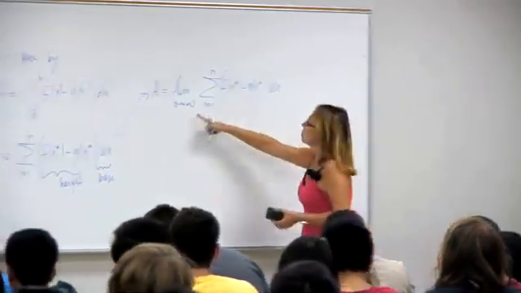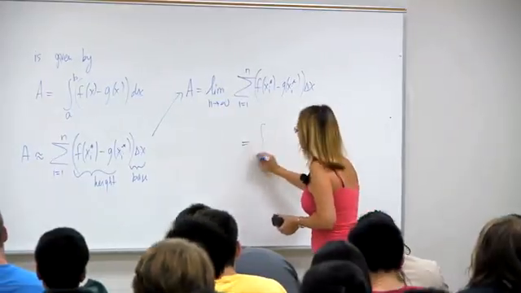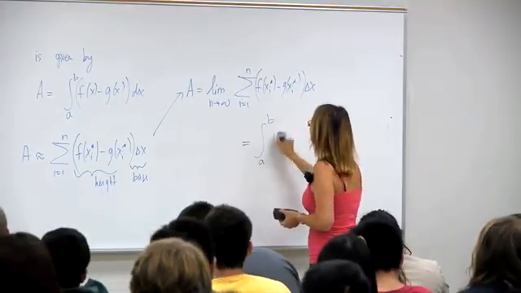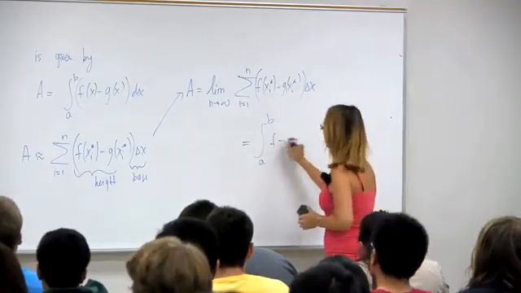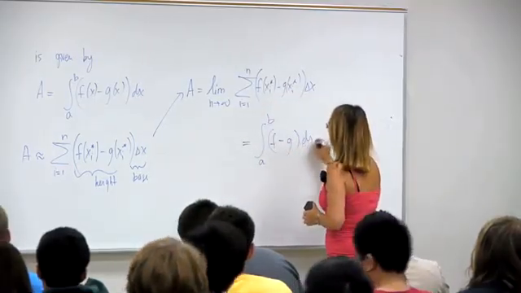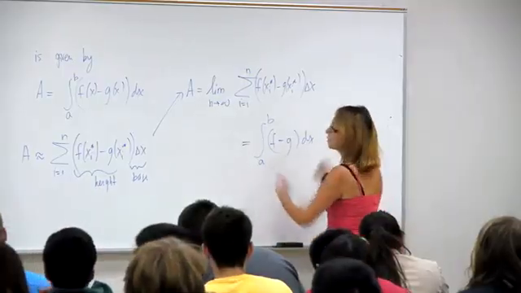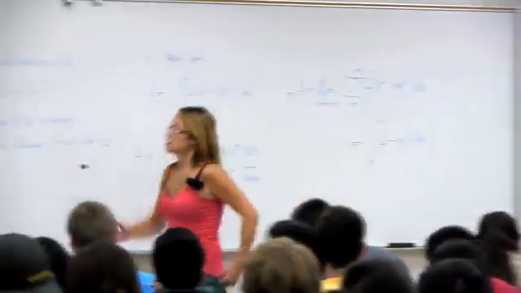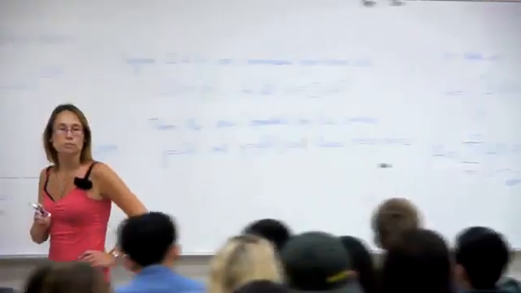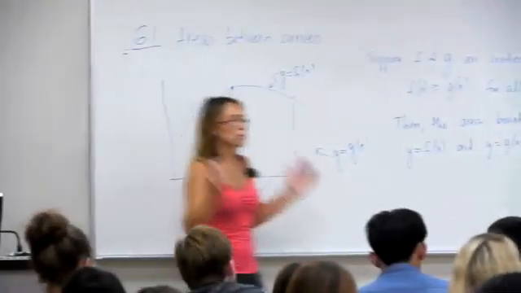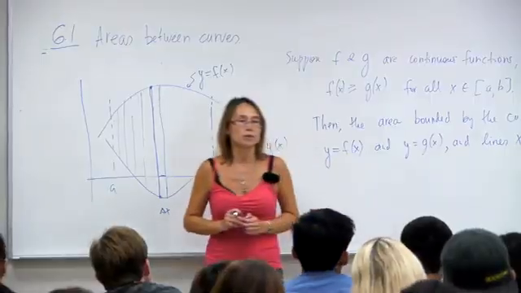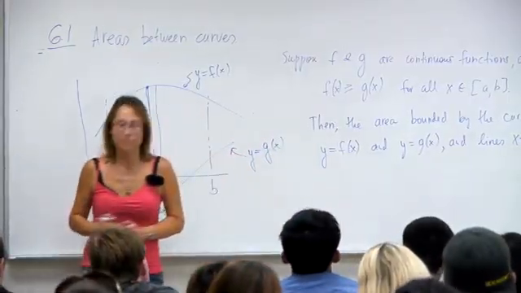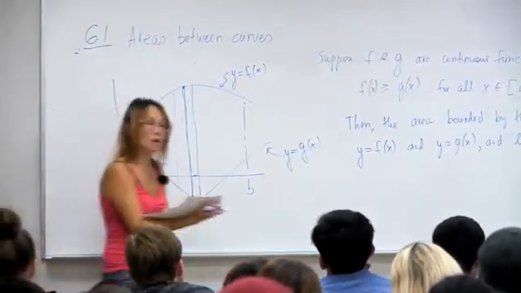This Riemann sum in the limit is nothing but the integral. It's just a different notation for the same thing. And here for the integrand, we take this whole thing, f minus g. So that gives me a way to calculate the area between two functions, also bounded by x values at a and b. Questions? Okay.